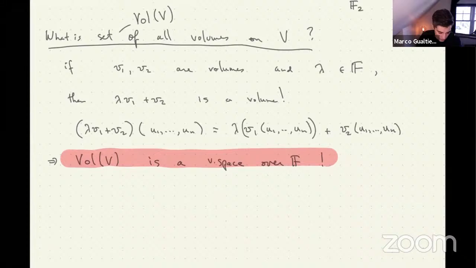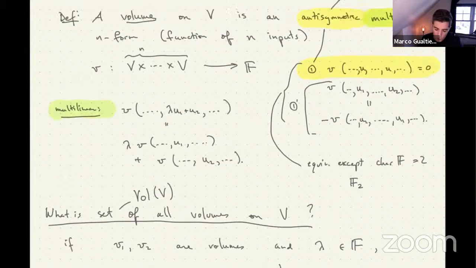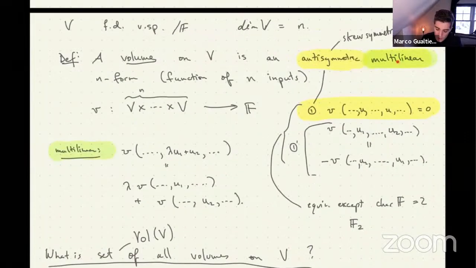Okay, so just a warning. Usually people exclude the zero volume. Usually they'll say that if you just take the multilinear function to be zero, yes, it's true that it's antisymmetric because every value is zero, and it's true that it's multilinear for the same reason.